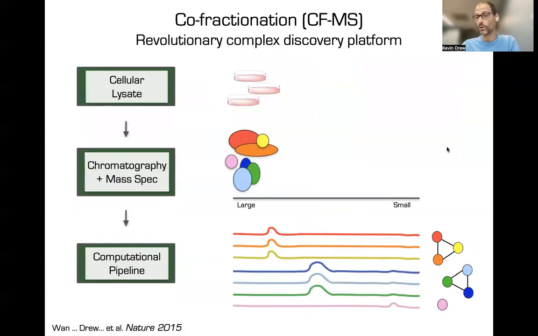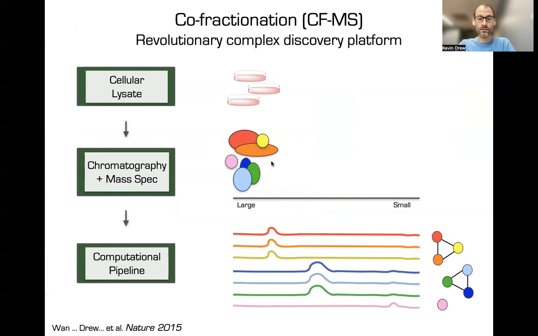Okay, so we need some tools to ask this question. And in particular, a very powerful approach to ask what are the components of these complexes is something called cofractionation mass spectrometry. So here we're taking cellular lysate and we're going to biochemically fractionate this lysate using a biochemical separation technique. So one example is size exclusion chromatography.